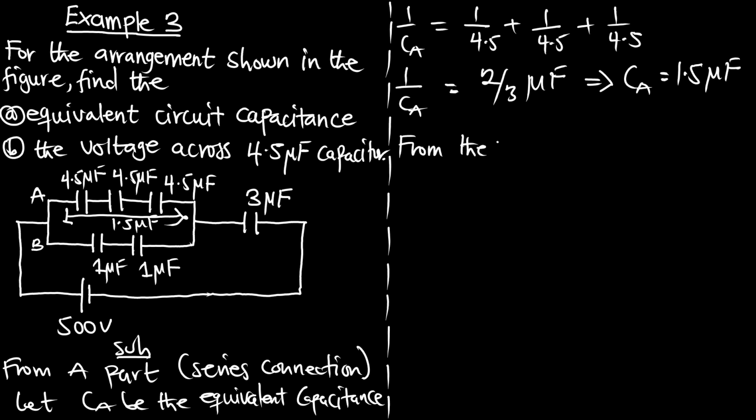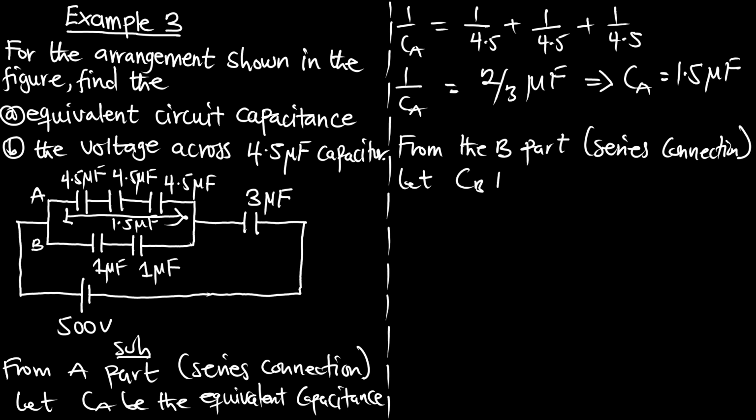Are we okay? So now let's look at the B part. From the B part, which is also a series connection, now let CB be the equivalent capacitance. Please always define your parameters. Are we okay? So at the B part, we are going to have the CB for the total capacitance. So that is also in series.